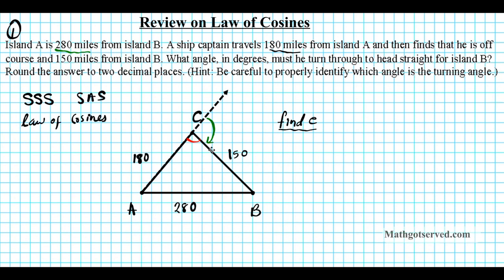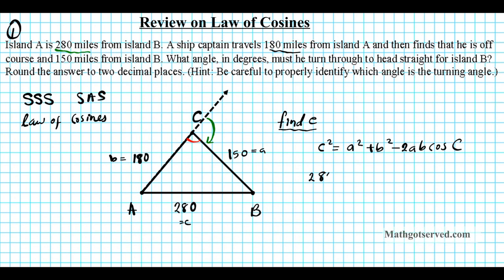Alright, now the law of cosines formula that I'm going to use here is the one with the big C in it. So we're going to use the formula C squared is equal to, let's call this A, opposite uppercase A, let's call this B, opposite uppercase B, and let's call this C. Alright, so the formula is going to be C squared equals A squared plus B squared minus 2AB cosine C. Alright, now let's put in the measures.